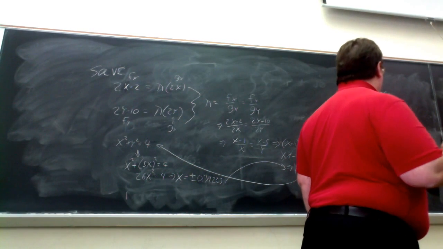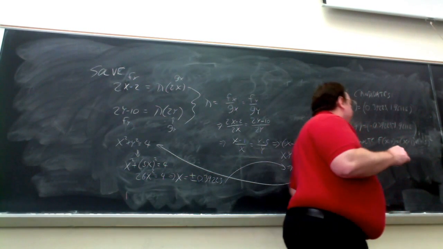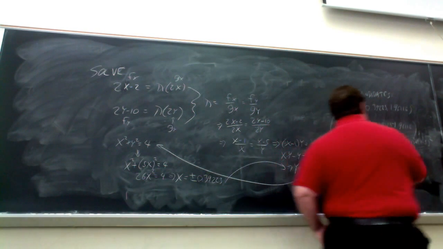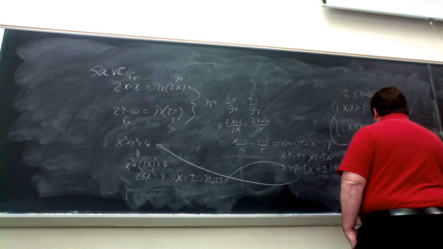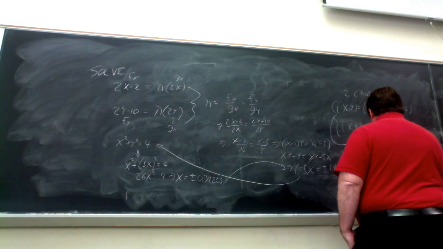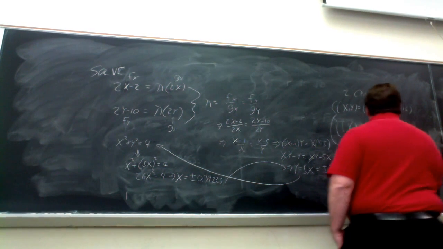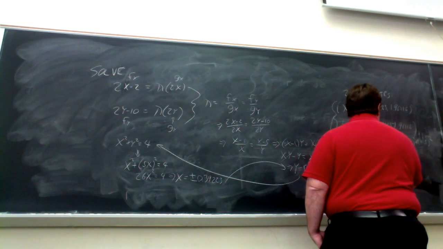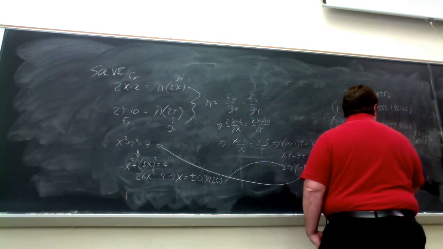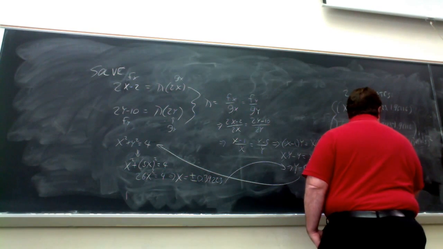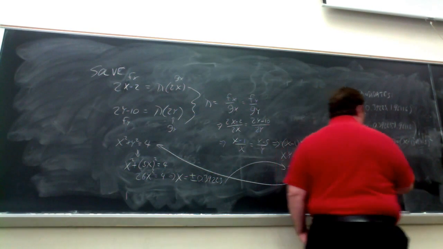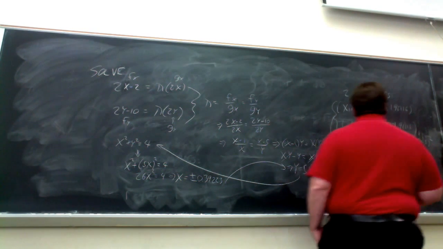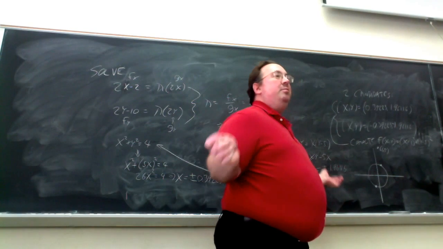Or there's a way to figure it out in this particular problem without computing anything. Keep in mind you have this circle of radius 2, and your point is going to be on the circle. One of these points is right around here, the positive square roots, and the one with the negative square roots is going to be opposite. But the point 1, 5 is up here.